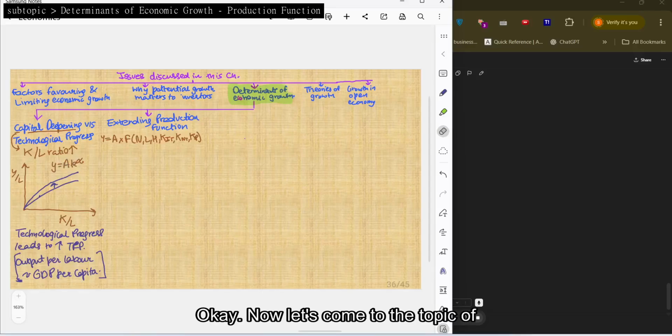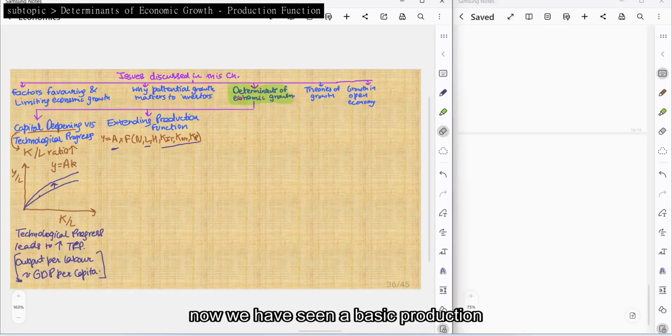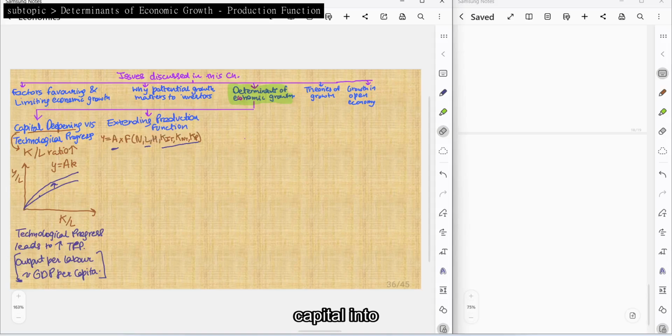Okay, now let's come to the topic of extending the production function. Till now, we have seen a basic production function in which the only inputs were labor and capital. In an extended production function, we have divided capital into human capital, information, computer and telecommunications capital, which is denoted by the symbol KIP.